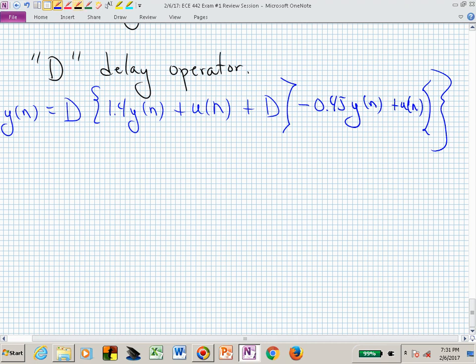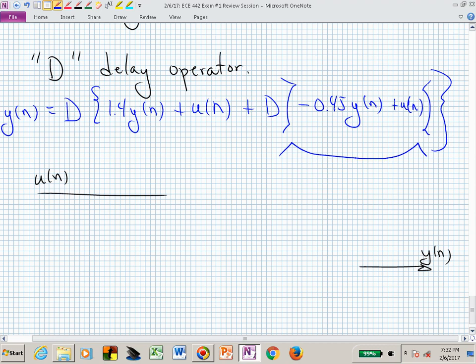So what I'm going to now do is say, okay, I have a U of N and I have a Y of N. And I now need to create Y of N out of delayed versions of Y and U. And the first one that I'm going to do now is going to be, whoops, I didn't want to do that. I wanted to make that kind of a bracket. The wrong bracket.